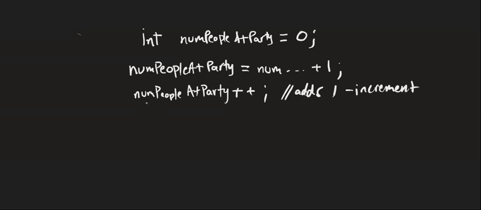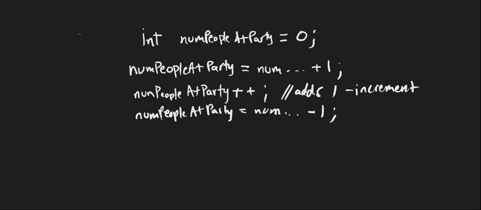If your brother's leaving, you can use a decrement operator. First of all, let's not use the decrement operator. Let's just use the regular way of doing things: num people at party, and then minus 1. This is good. You can do this.